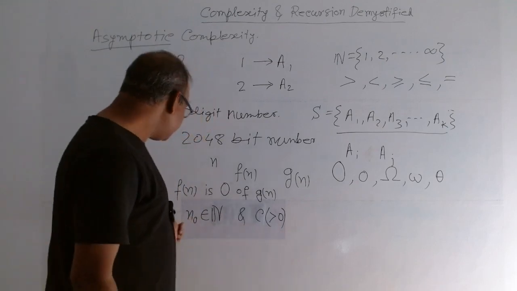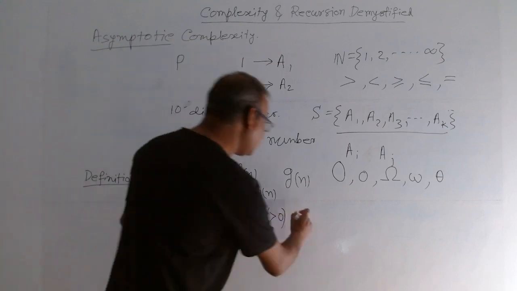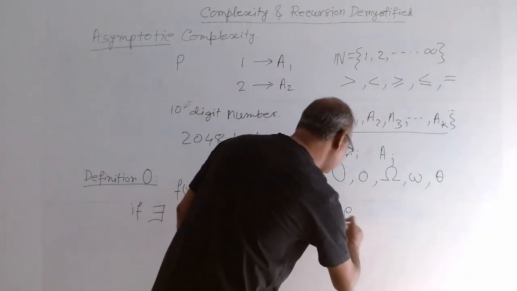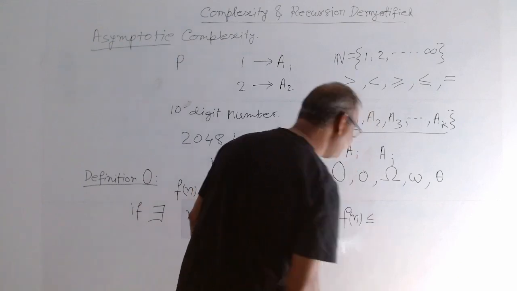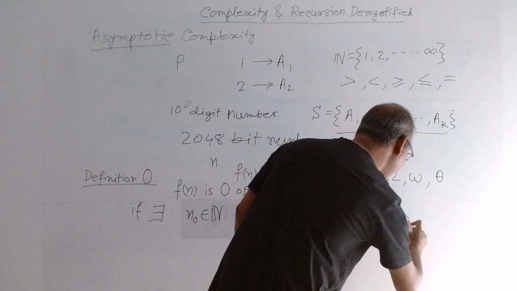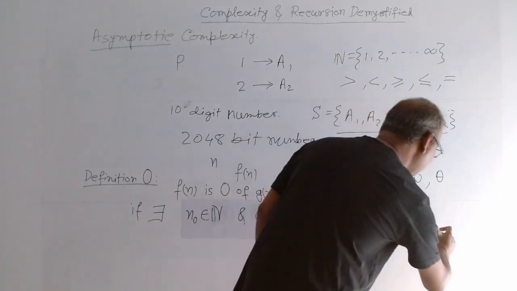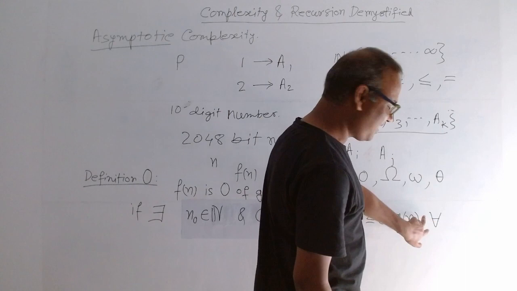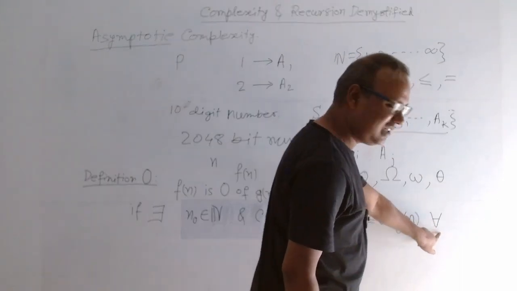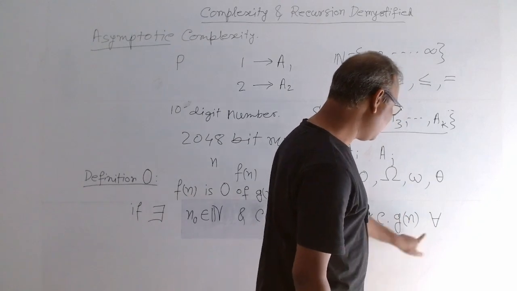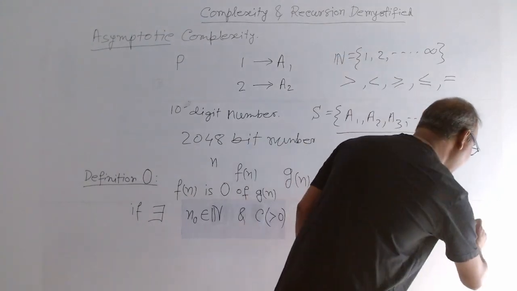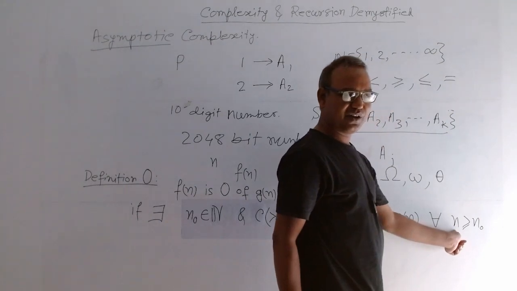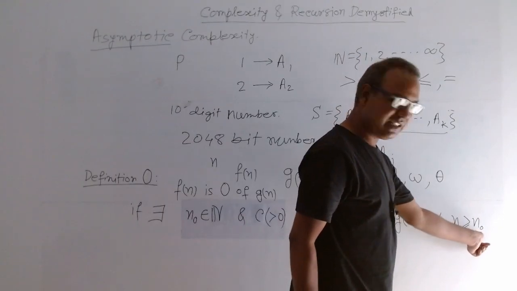If there exists n0 and c such that f(n) is less than or equal to c times g(n) for all, you know the symbol, for all n greater than or equal to n0. Now this n is the variable, and this n0 is fixed.